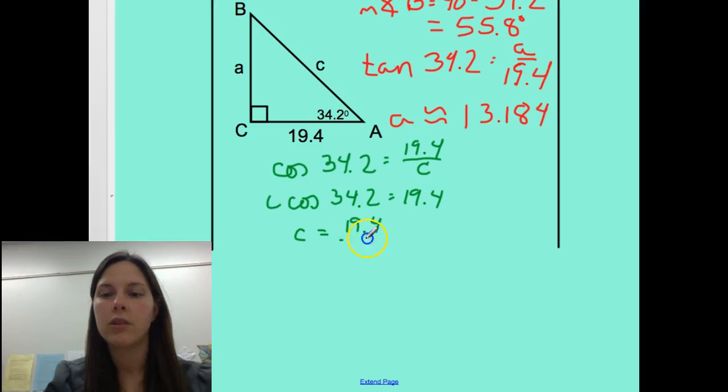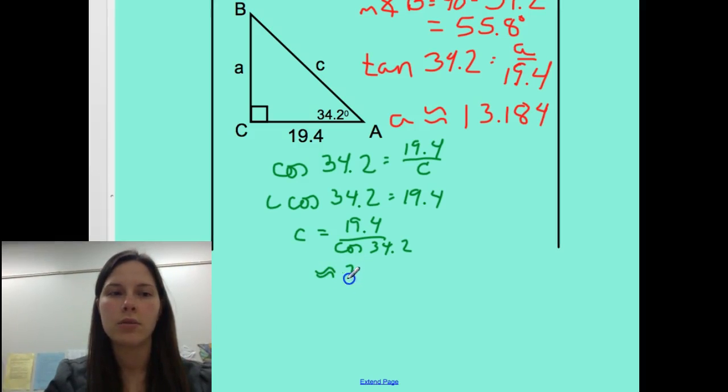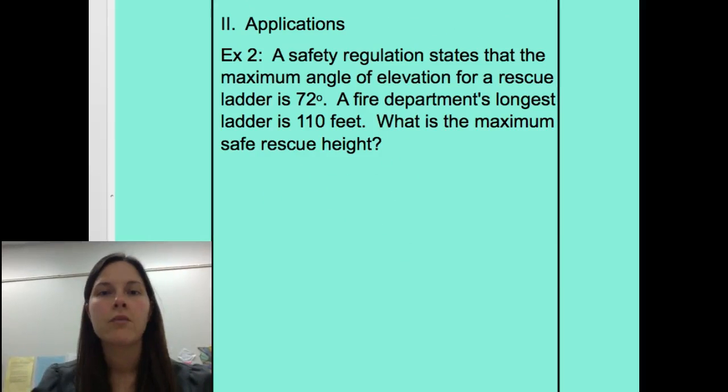We have 19.4 over cosine of 34.2. So our C value is about 23.456.